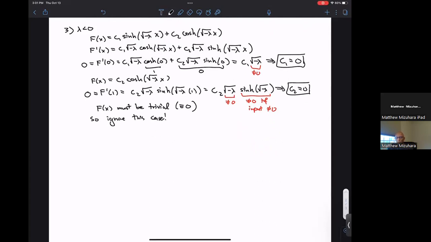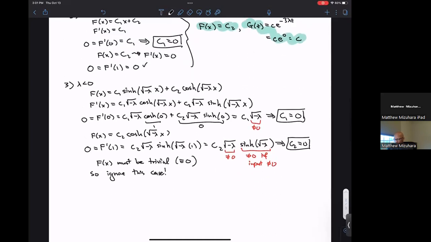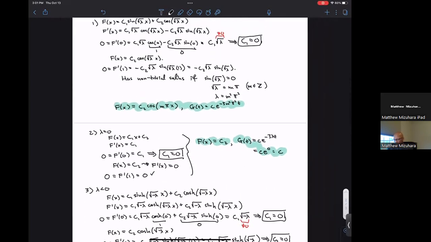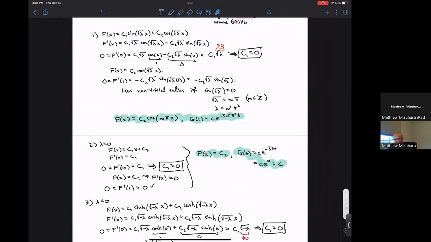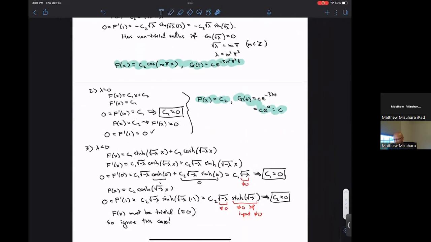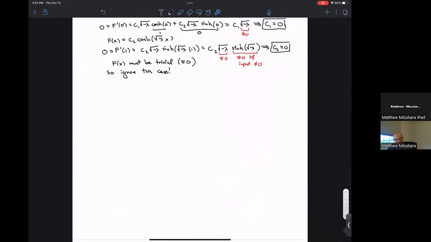Okay, but that gets us there, right? So in summary, we've gotten 2 different families of solutions. One is the cosine looking solutions, another is the constant looking solutions. And so taking a linear combination of all the previous solutions, that'll give us our general solution.